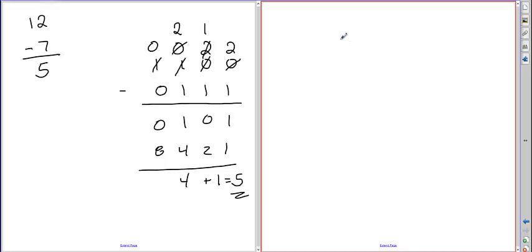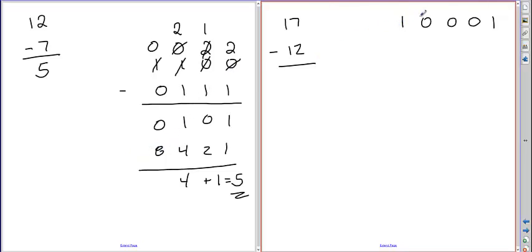Okay, do 2 more of these. Let's make it a 5-digit number here. So let's say we have 17 minus 12. How about that? Well, yeah, that's good. 17 minus 12. Okay, so 17 is going to be 1, 0, 0, 0, 1, because the next power of 2 is 16.